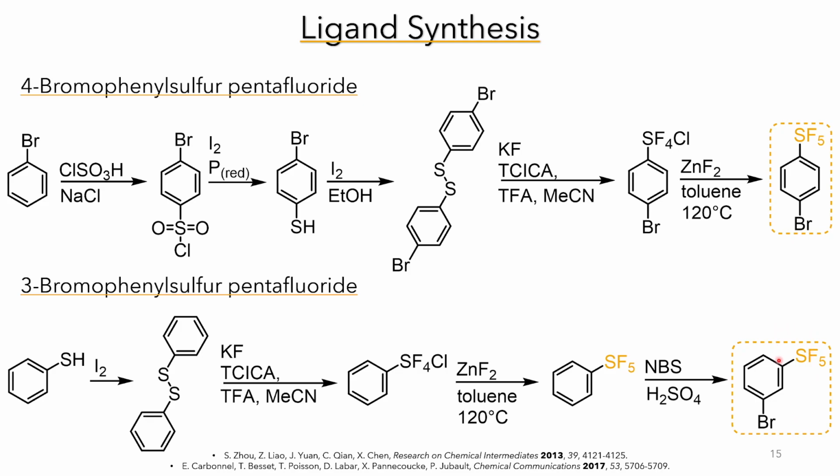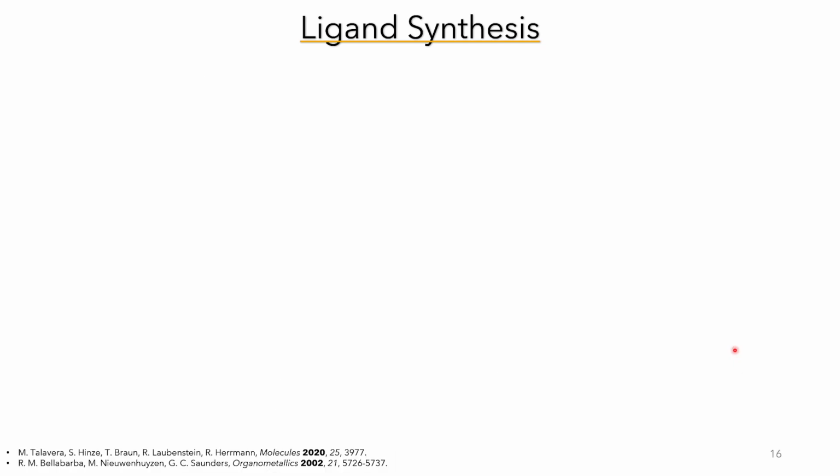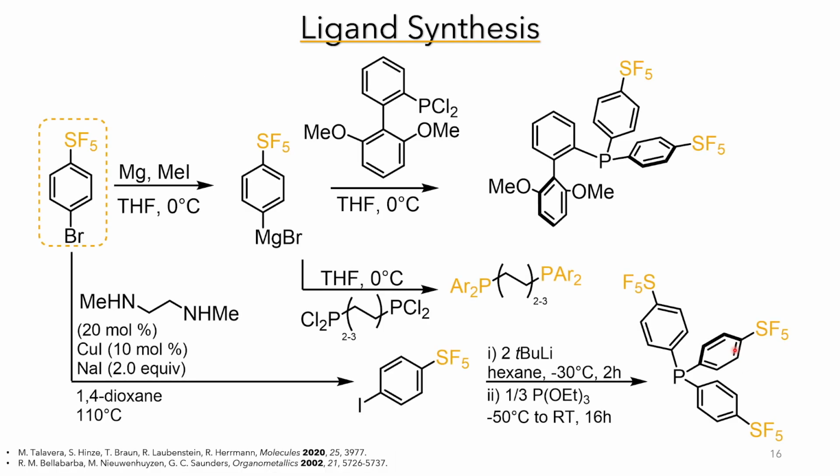However, this wouldn't be as effective as a ligand. I would probably stick with the SF5, but it may have interesting steric properties just having the SF5 on a different substitution. Now, with these brominated compounds in hand, we can then turn to synthesis of the ligand.